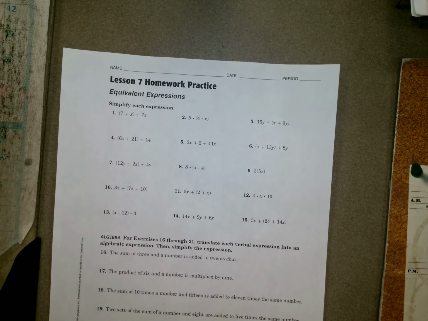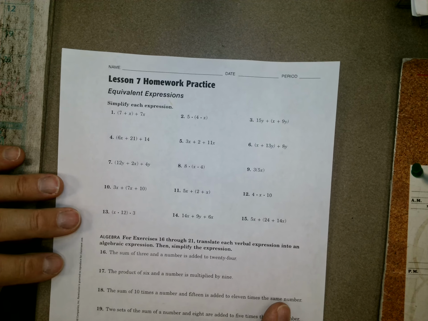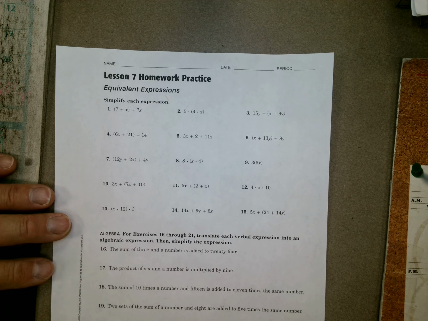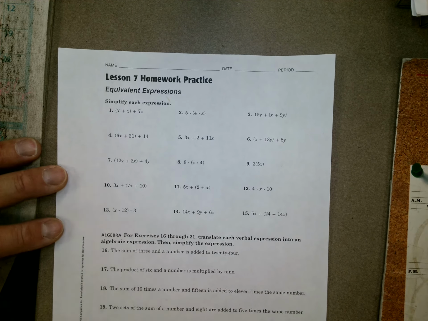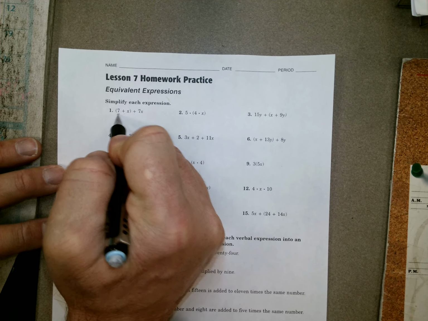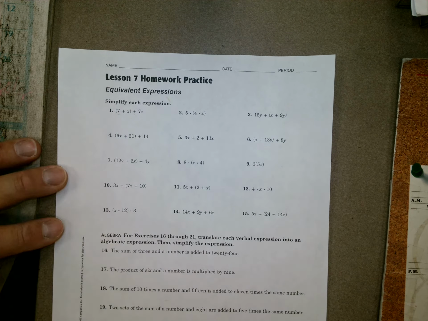Now we're going to simplify equivalent expressions. We're going to keep cranking here. We'll do 3 or 4 here, jumping around. We talked about this on Wednesday. So remember, when you're adding constants and variables and coefficients, you have to have like terms.